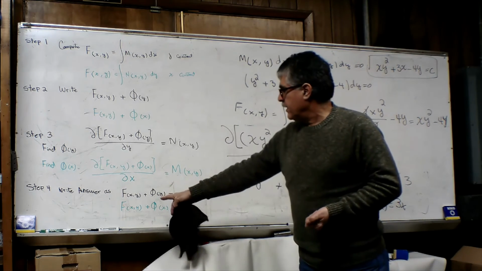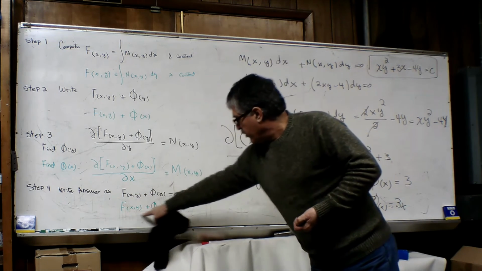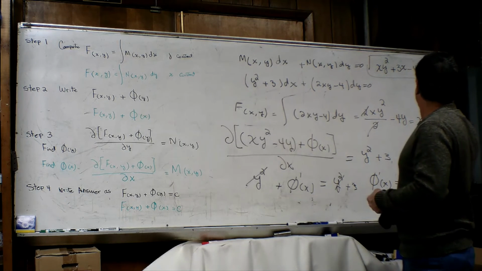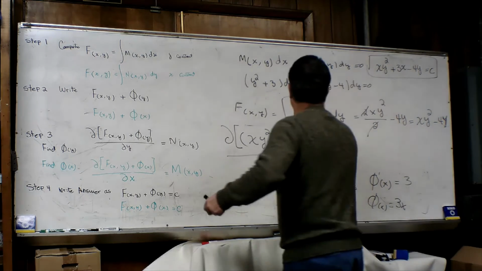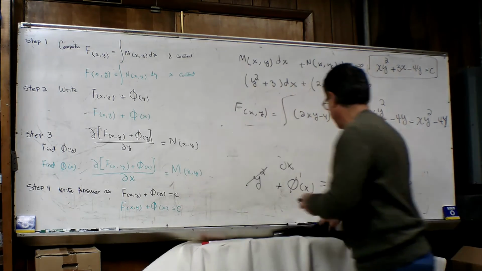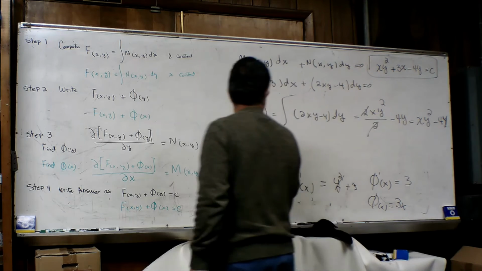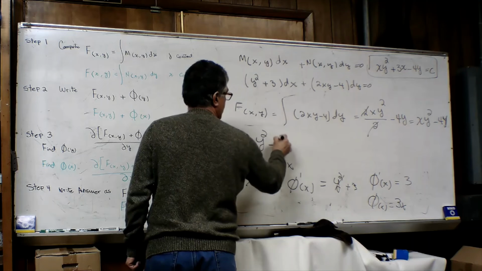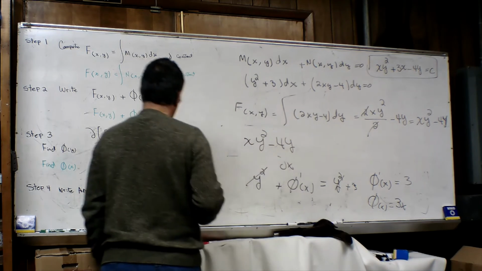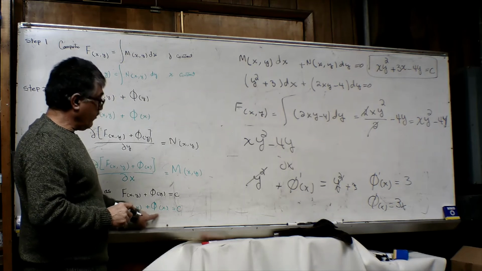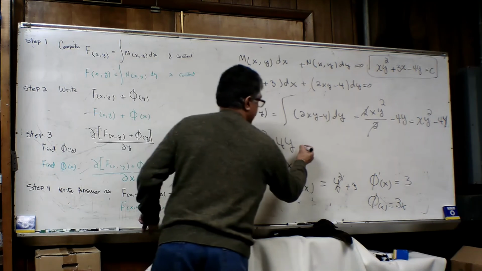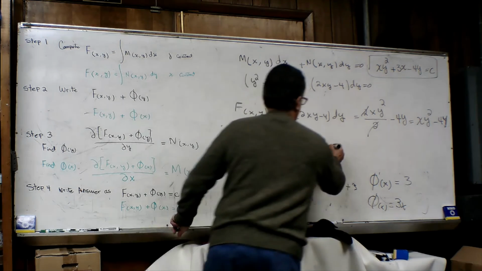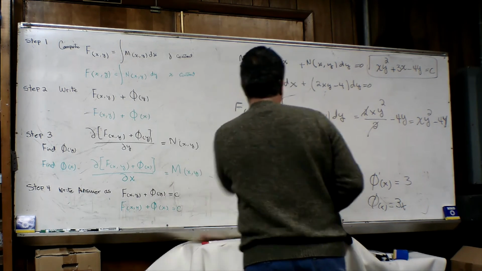The last step, write it in this form. We already found f as a function of x and y, which was xy squared minus 4y, plus phi of x, which we found as plus 3x, equal to a constant.